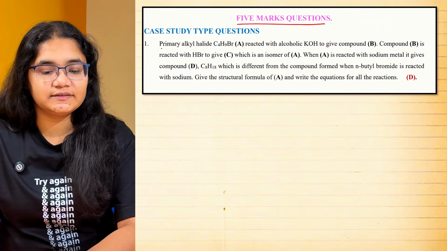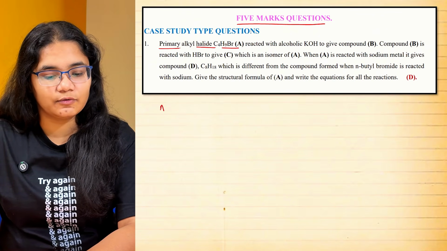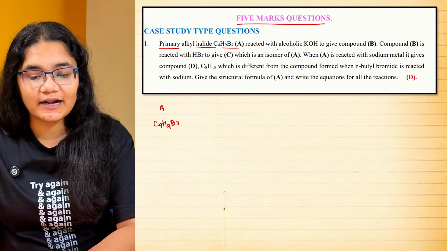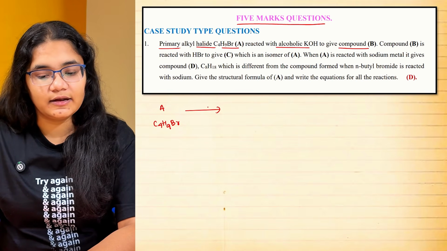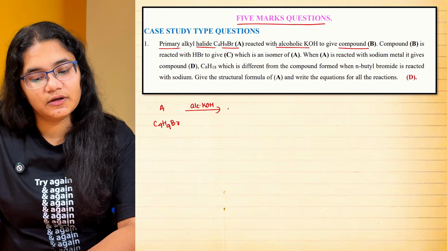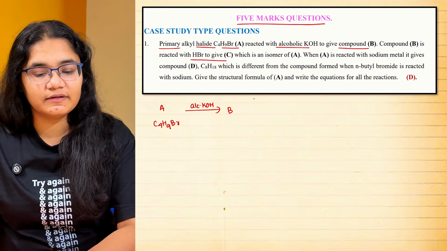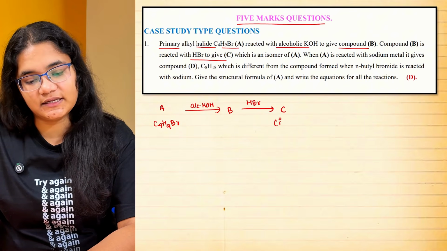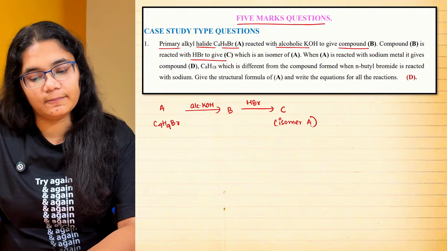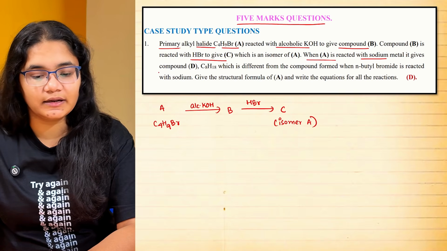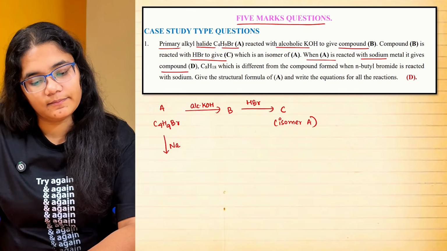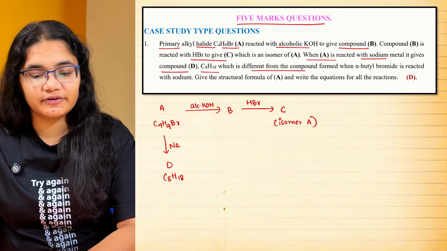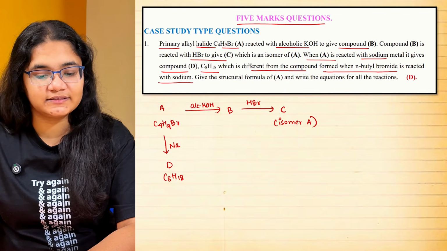So the first question here is: primary alkyl halide A, C4H9Br, reacts with alcoholic KOH to give B. Compound B is reacted with HBr to give C, which is an isomer of A. Now when A is treated with sodium metal, it gives compound D, C8H18, which is different from the compound formed when n-butyl bromide is reacted with sodium.